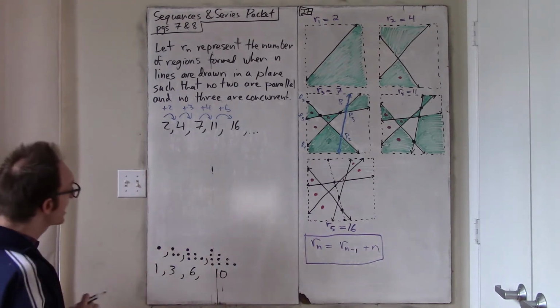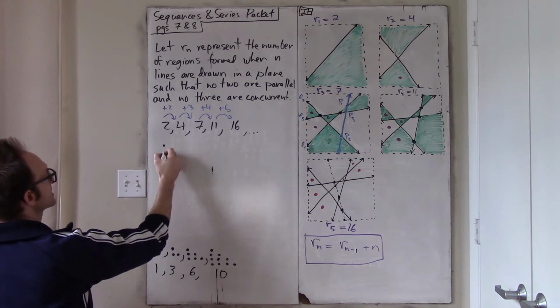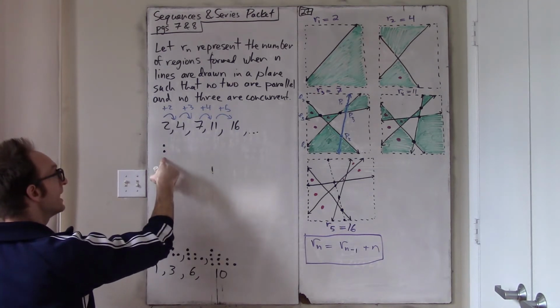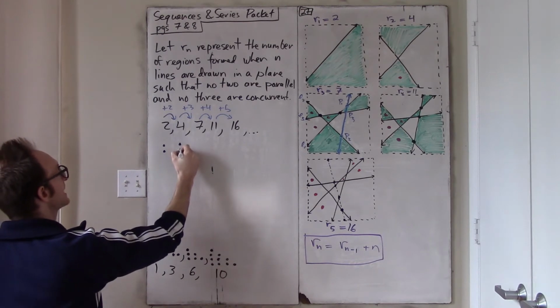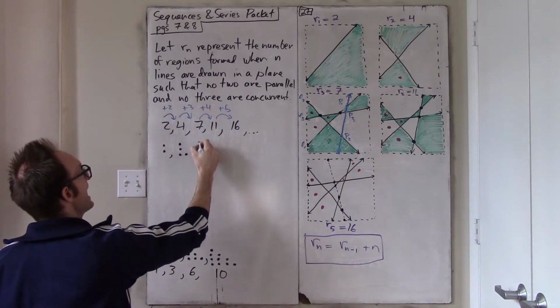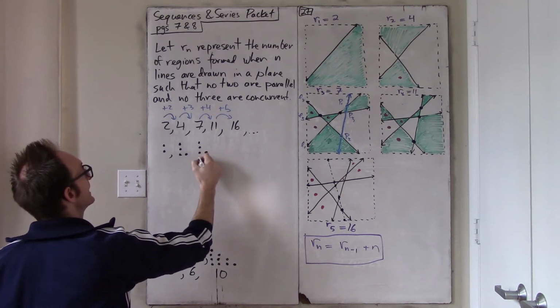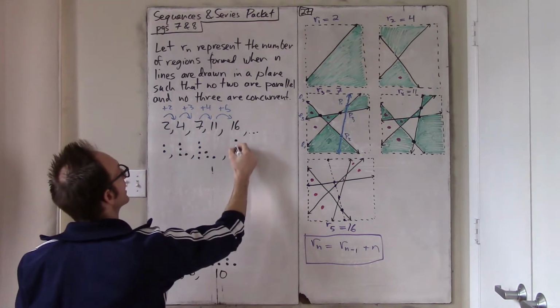Well, our sequence here is almost that, right? It's like start with 2, but then to get to the next one, add 2. So it's like this. Then to get to the next one, add 3. Then, to get to the next one, add 4.